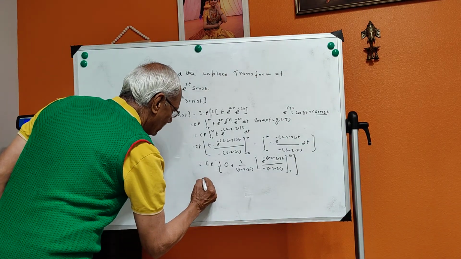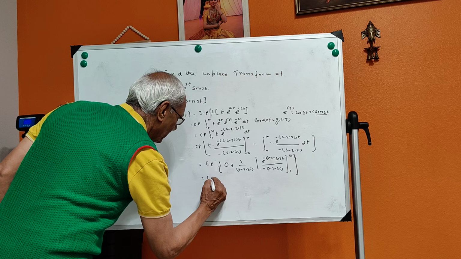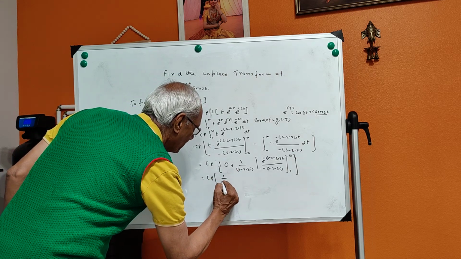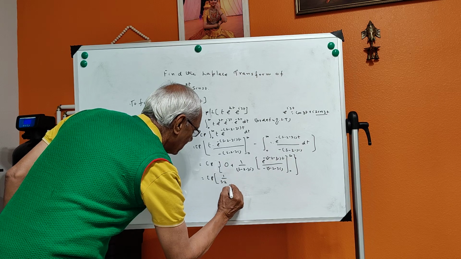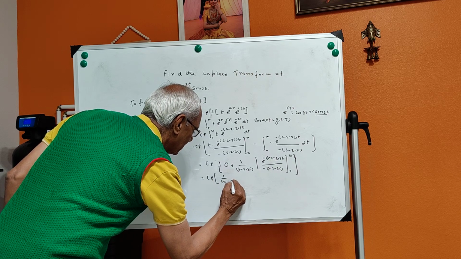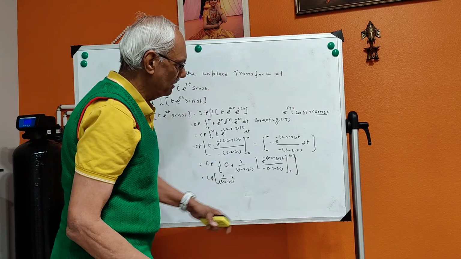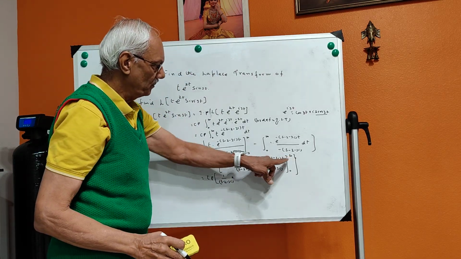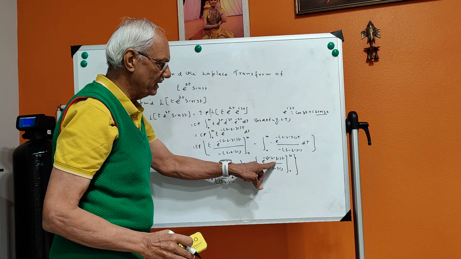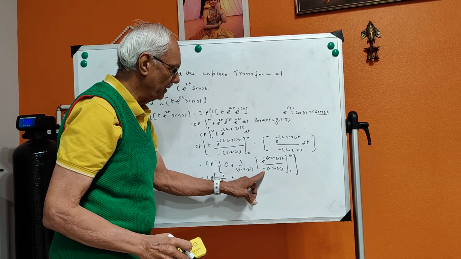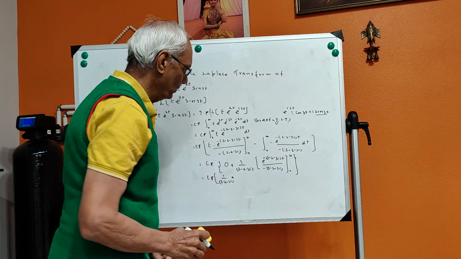Now this is equal to the imaginary part of 1 by s minus 2 minus 3i into, when you apply the first limit infinity, e to the power of minus infinity is 0. And if you apply the second limit, minus into minus will make it plus, e to the power of 0 is 1.